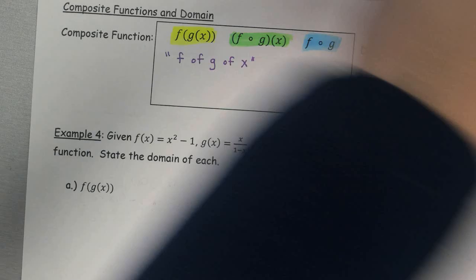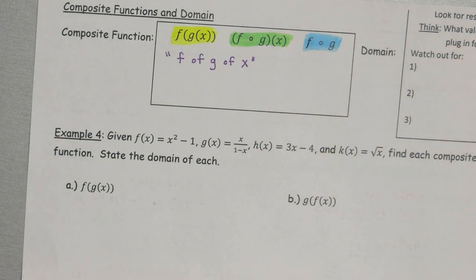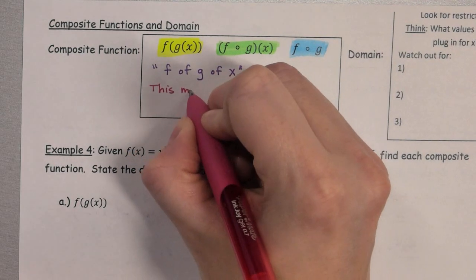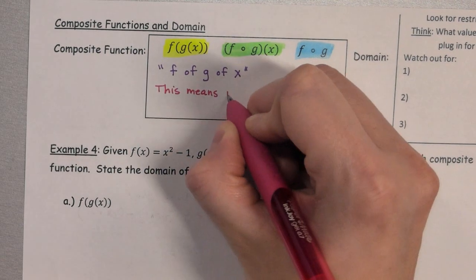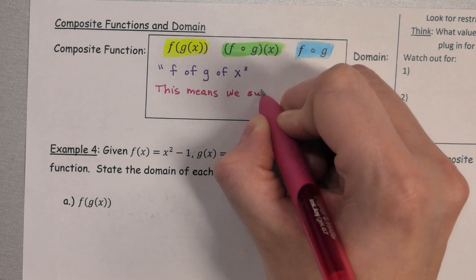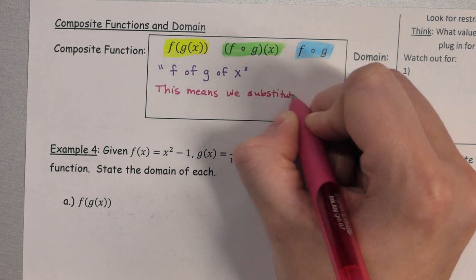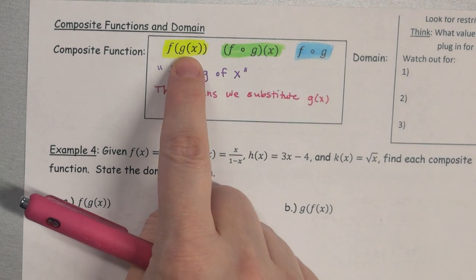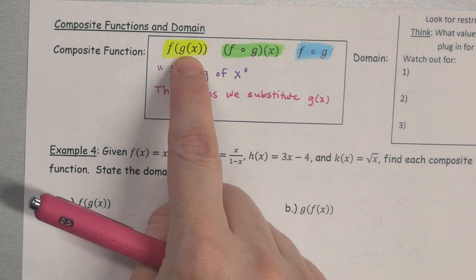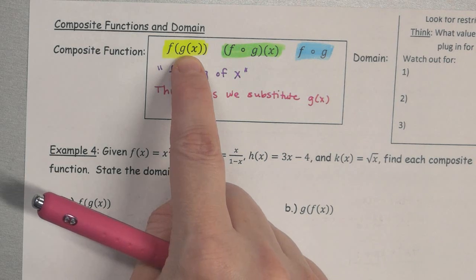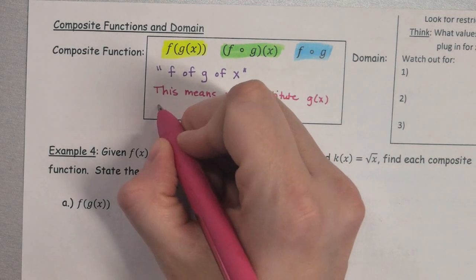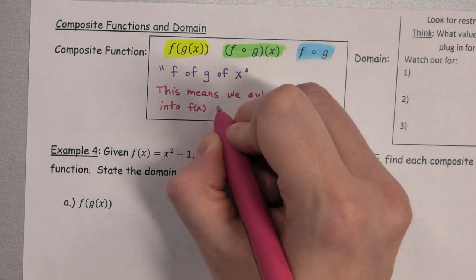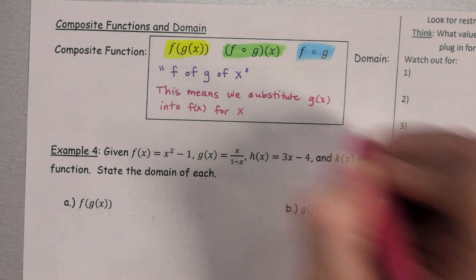Okay, now what this means is we're going to do some substitution. So this means we substitute g of x. So the inside, just like we did before, we substitute g of x, so write this down with me, into f of x for x.